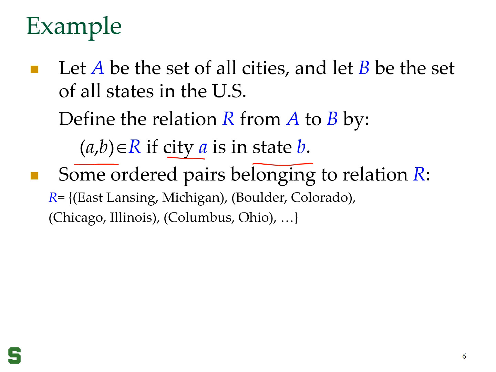Now, note that this is not a function because the same city name could occur in multiple states. If I think about Columbus, Ohio, there is a Columbus in a lot of other states. If I think of this as a mapping from the set of cities to the set of states, then Columbus would be mapped to many states because the city named Columbus is in many different states.